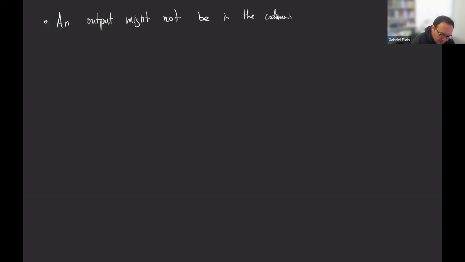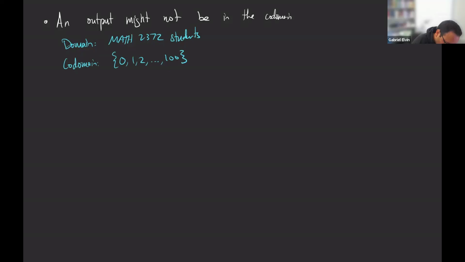So something like: if the domain is Math 2372 students, and the codomain is 0 to 100, just the integers. And the rule is to assign each student to their final grade as a percentage.